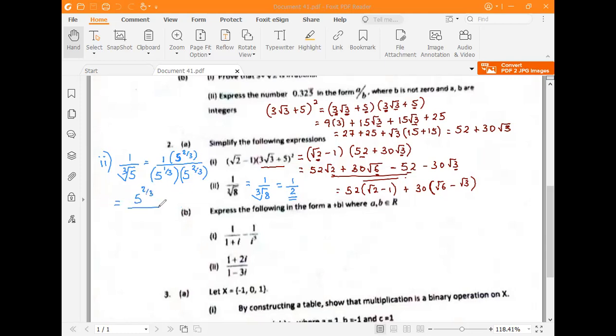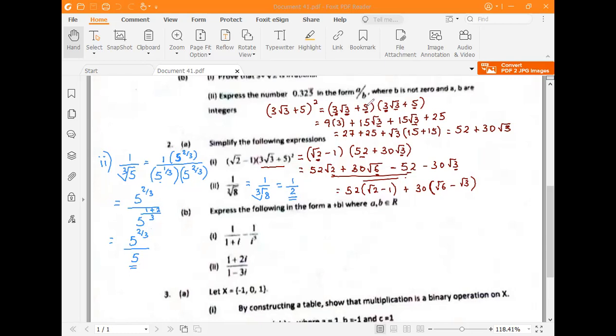Over, we have 5 down. So we can add the powers in the denominator. So we have 3 as the common denominator, and then 1 plus 2. That will be 5 to the power 2 over 3 over 5 to the power 1. So you leave it like that.